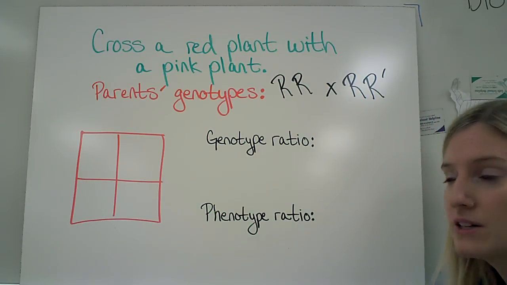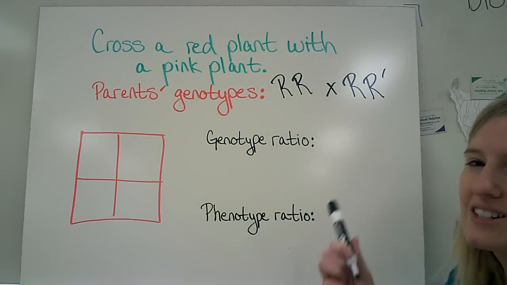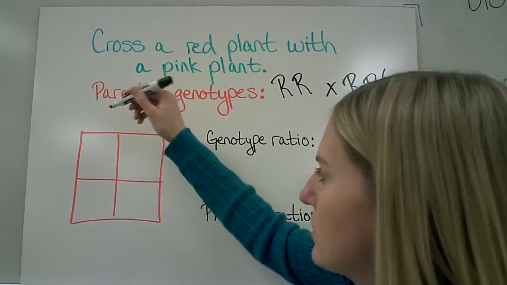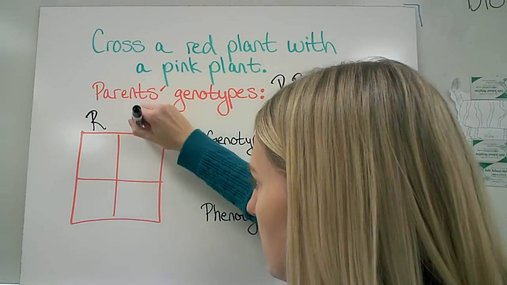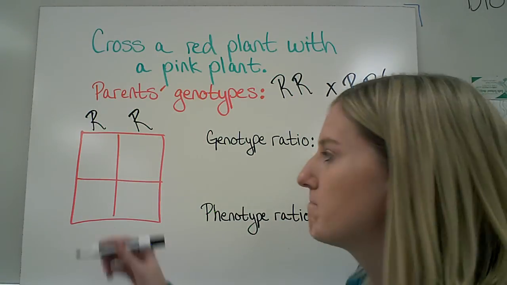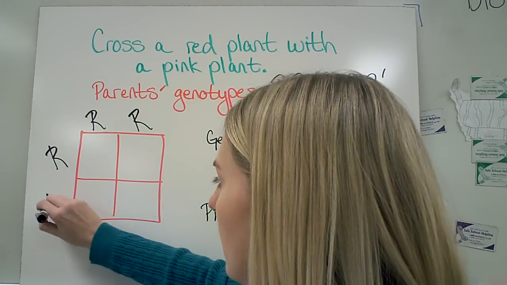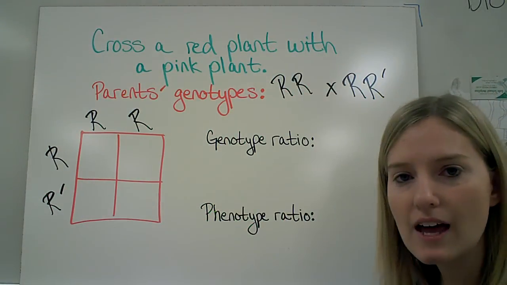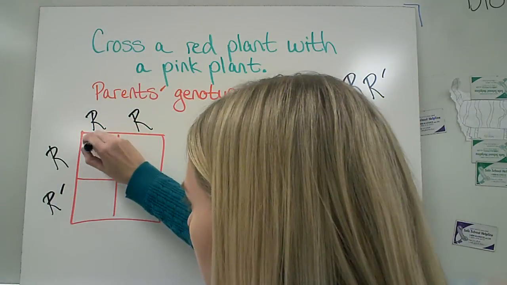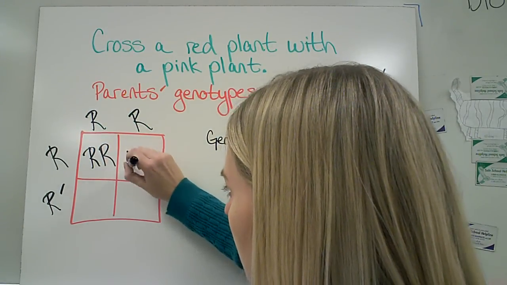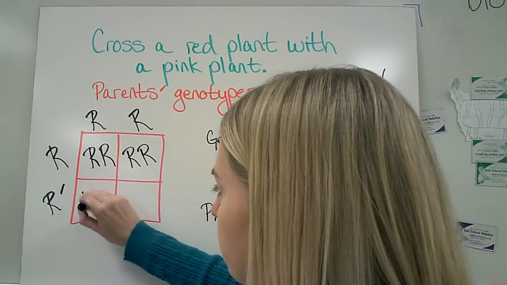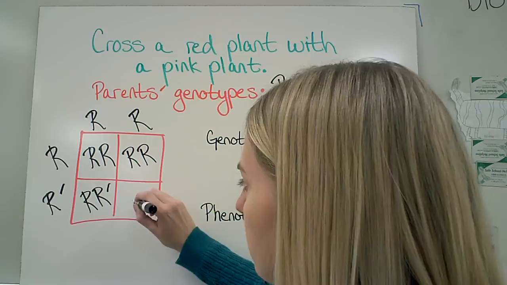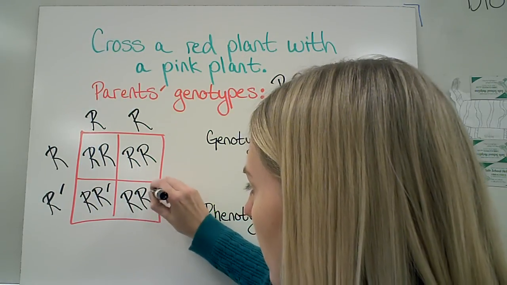I fill in my Punnett square, so I pick one of these. It doesn't really matter which one goes on the top. So I'll put R, R on the top, R, R prime on the side, fill in my boxes: R, R, R, R, R, R prime, R, R prime.